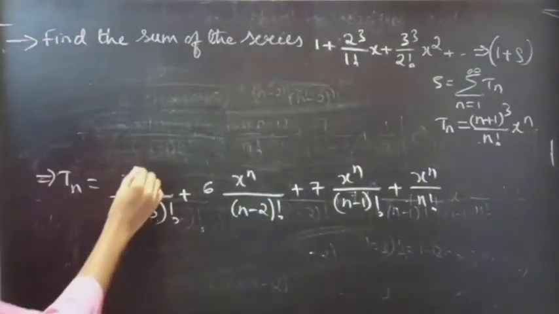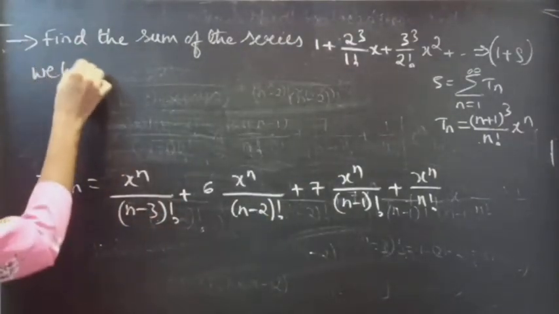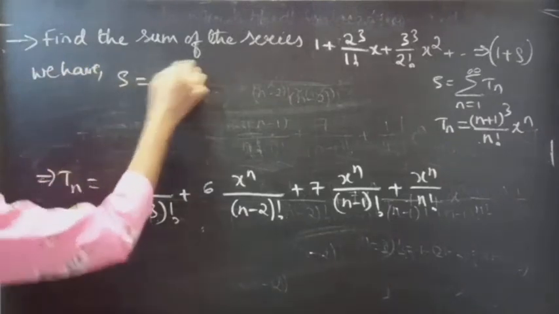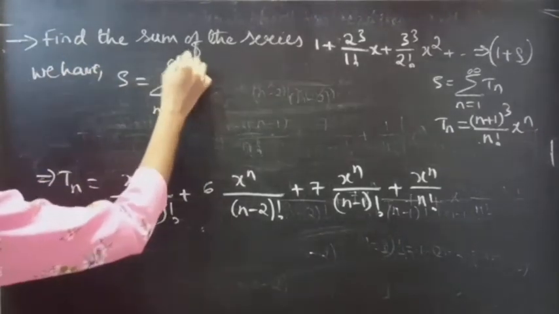We have S equals summation n equals 1 to infinity of Tn.